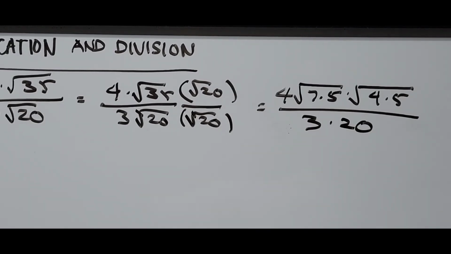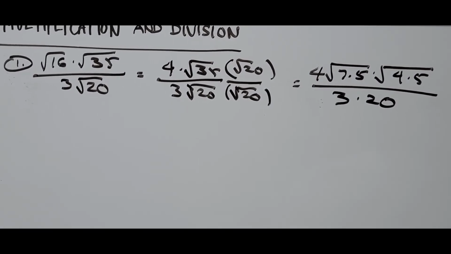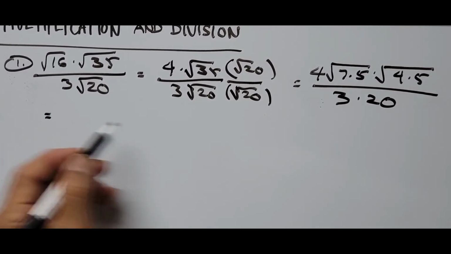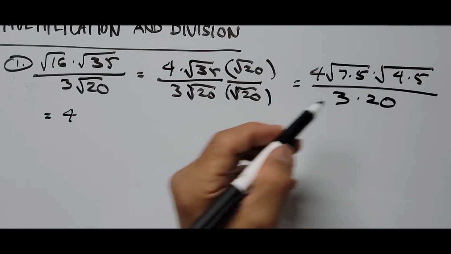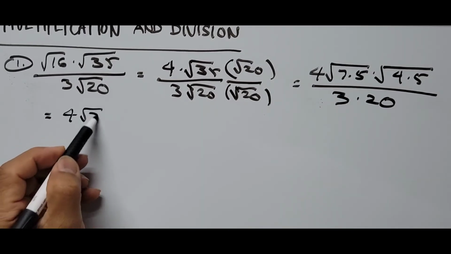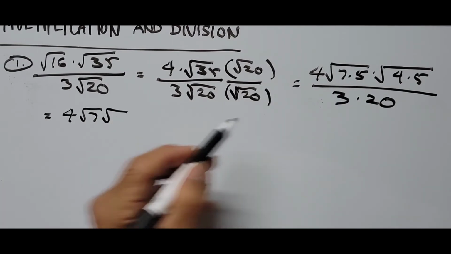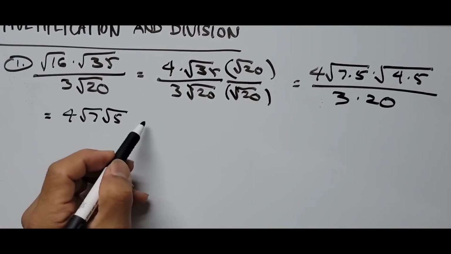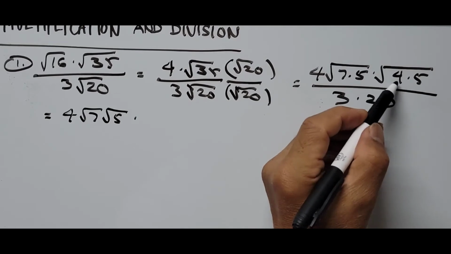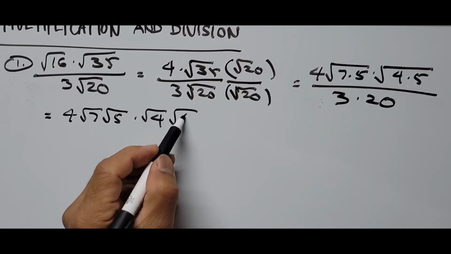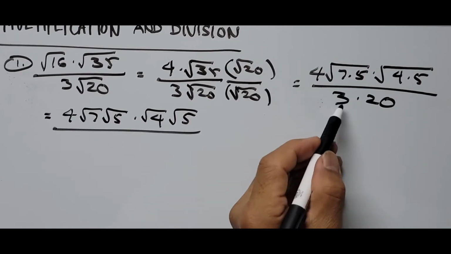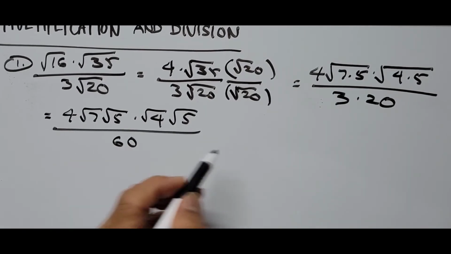Okay, so simplify it further. So write down over here again. So that is 4 square root of 7 square root of 5, splitting that thing right here, multiplied by square root of 4 square root of 5, divided by 3 times 20, that's 60.